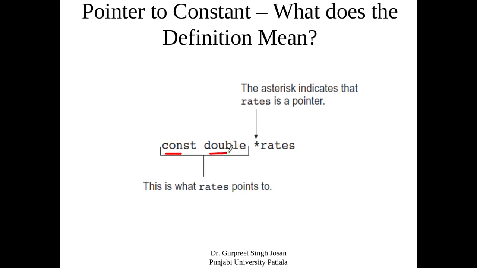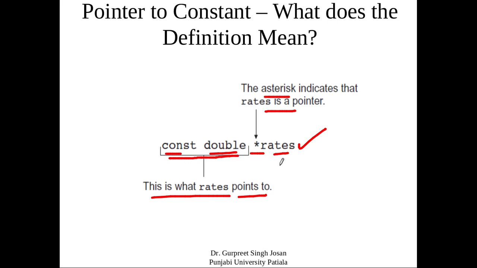This is how to declare a pointer to constant: const double *rate. Here the asterisk indicates that rate is a pointer, and this part indicates what rate points to. So rate points to some constant variable, so it is a pointer to some constant.